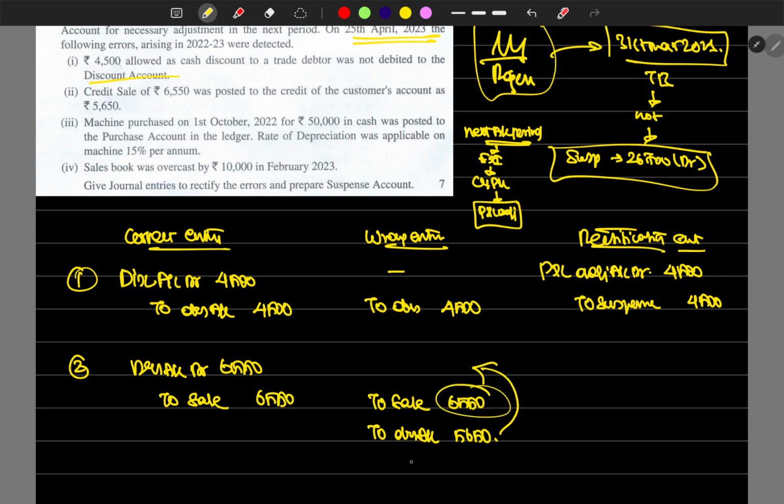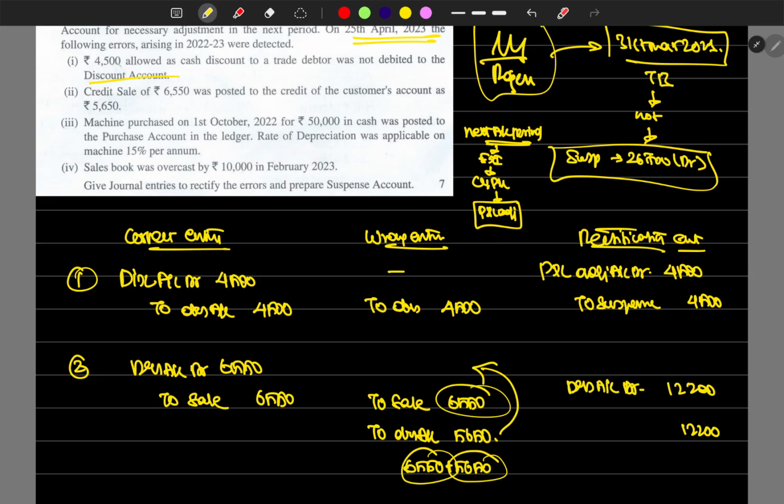So what would be the amount? 6,550 plus 5,650. First we reverse this balance and then add this balance, so 6,550 plus 5,650 is 12,200, which is what we have to add in the debtors account.